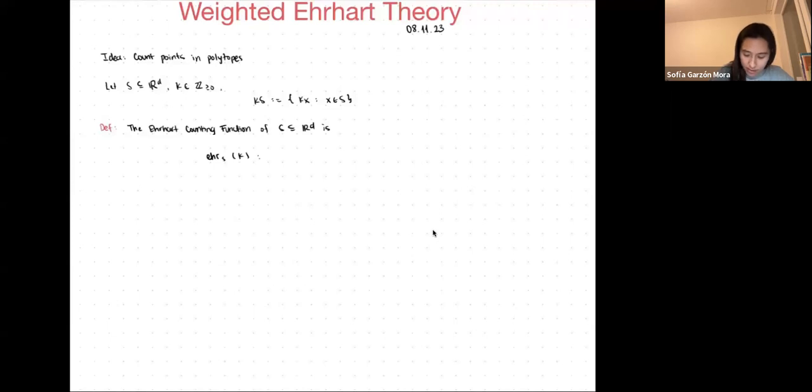This is a function that will take a non-negative integer to another non-negative integer. I'm going to take some k and map it into the number of lattice points on the kth dilation of S. And this is very important.